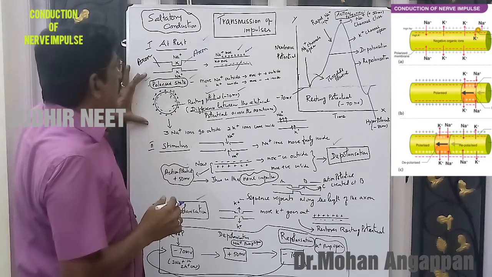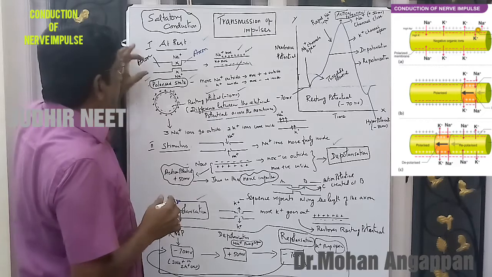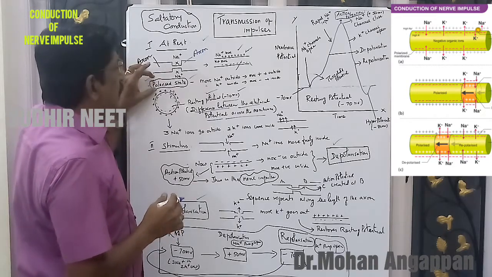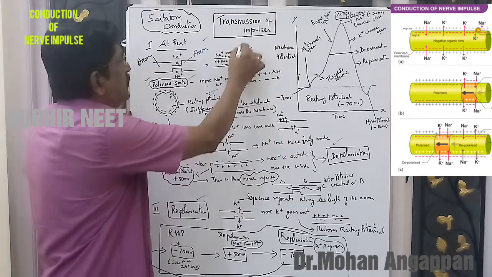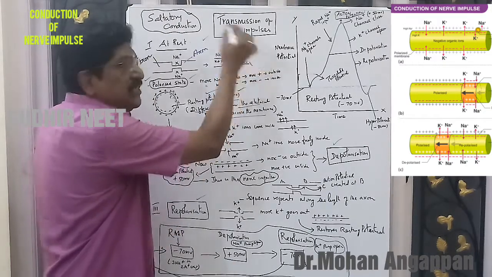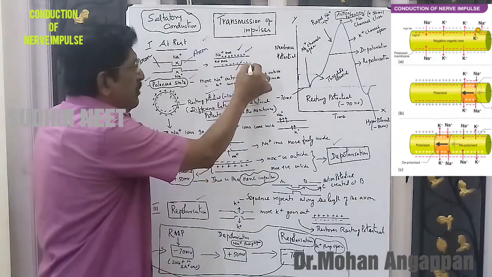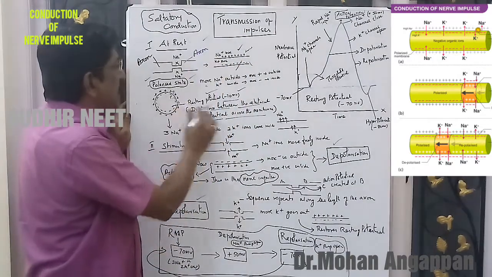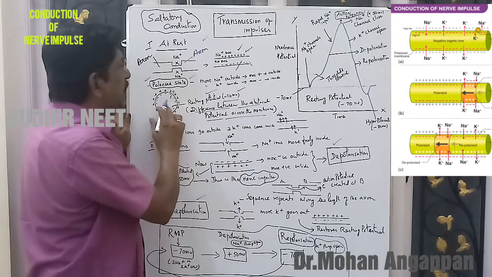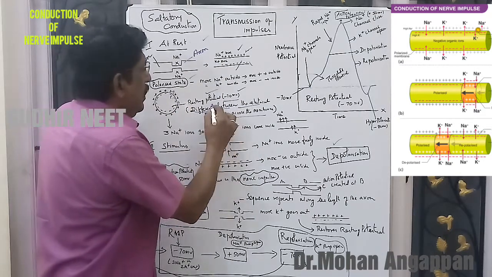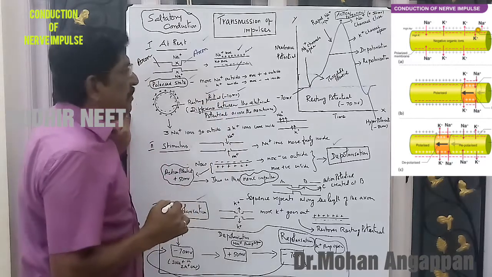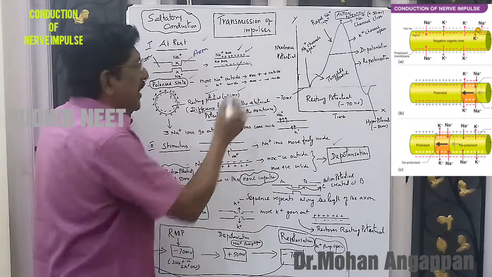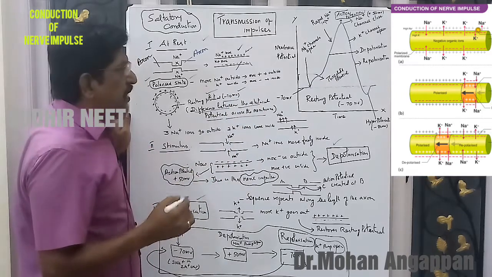So now the axon membrane is at a polarized stage. More positive charge outside, more negative charge inside. The difference between the electrical potential across the membrane is called the resting membrane potential, or resting potential of the membrane, that is minus 70 millivolt.